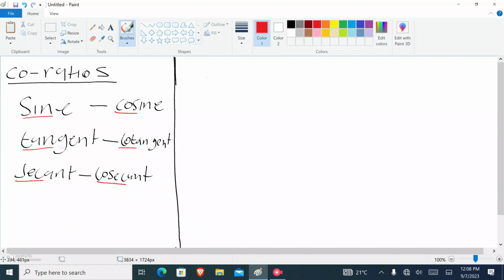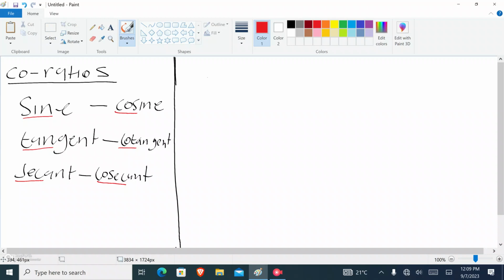These are not the same. The reciprocals are the inverses of the trigonometric functions, whereas the co-ratios are different. So in order for you to remember, or not to confuse, just put co in front of each trigonometric function.